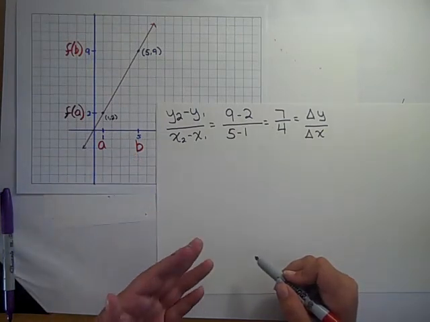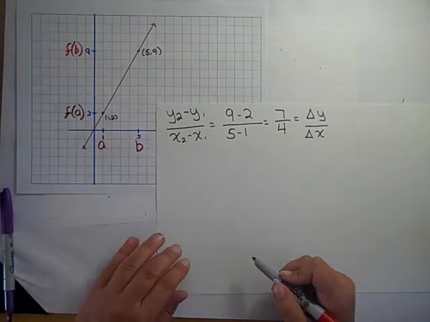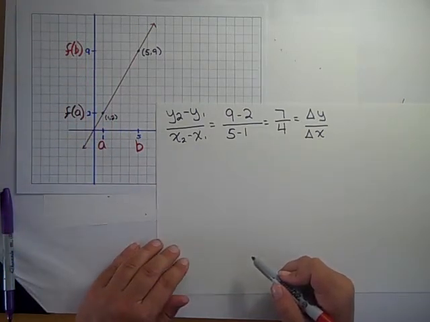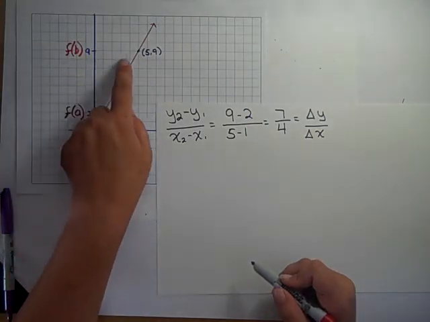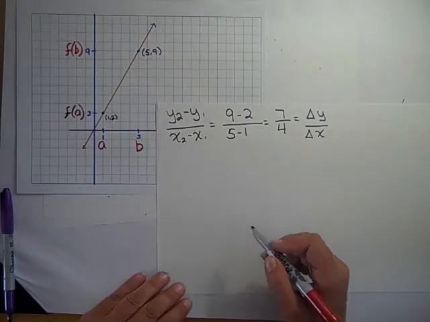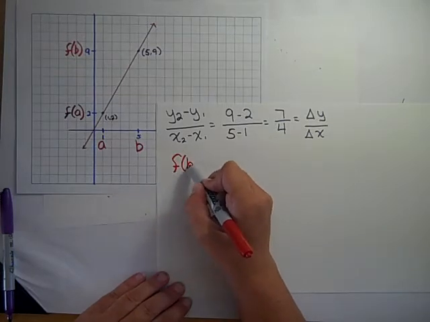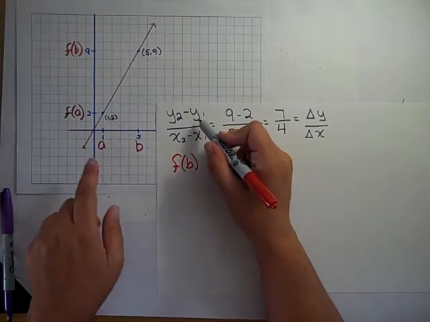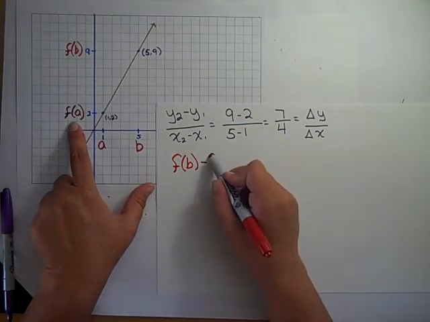Now, can we write a formula for slope using our calculus letters? How would you represent y2? Wouldn't y2 be f of b? So we could write it as f of b. How could you represent y1? You could represent y1 with f of a.